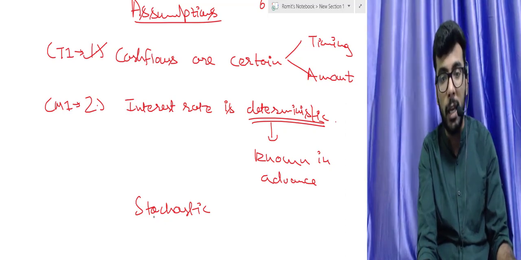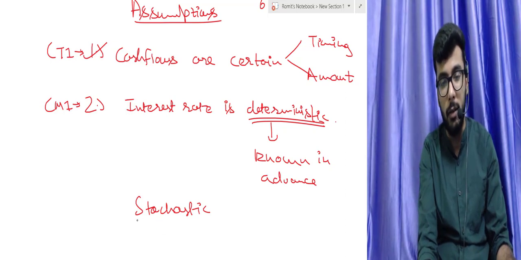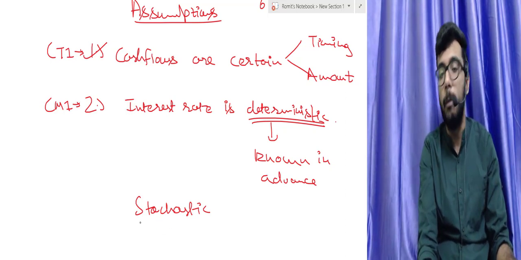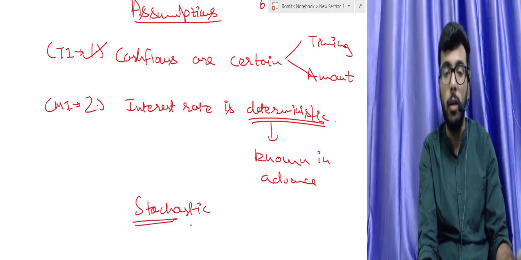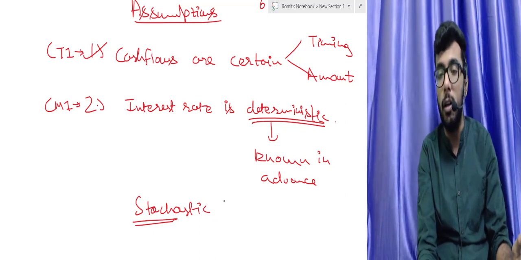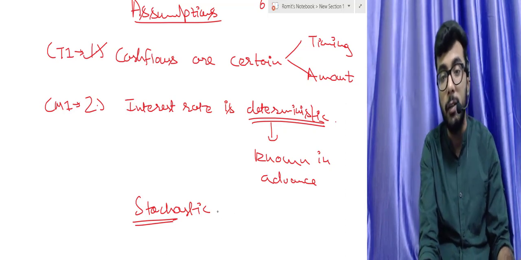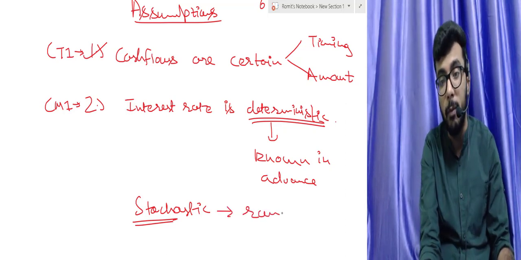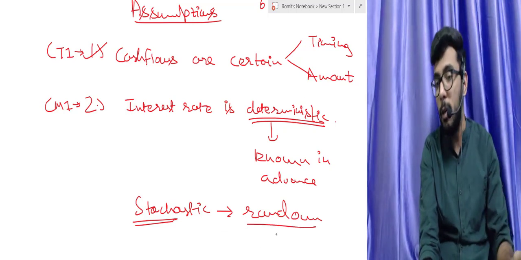In India it is RBI, in UK it is the Bank of England, I believe. So those are the banks that determine the interest rate, based on which the overall interest rates in the economy are determined. So interest rate can change in the future. It is stochastic or random. It is basically a random variable in the future, and it cannot be known with certainty.